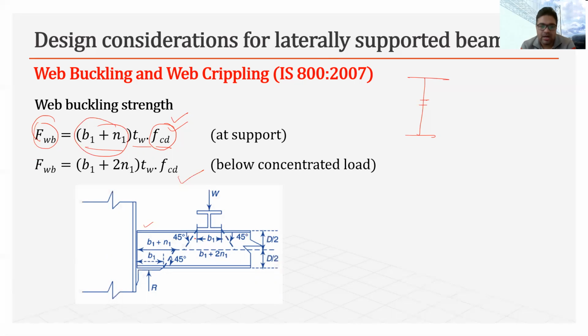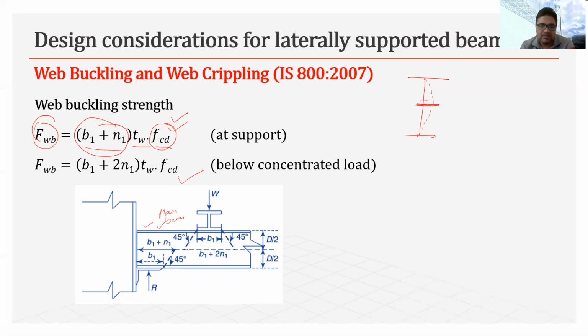This load across the depth of the beam will disperse at a 45-degree angle, and we know that maximum buckling in the web will occur at the mid. You can see buckling will occur like this. So maximum buckling will be at the center.